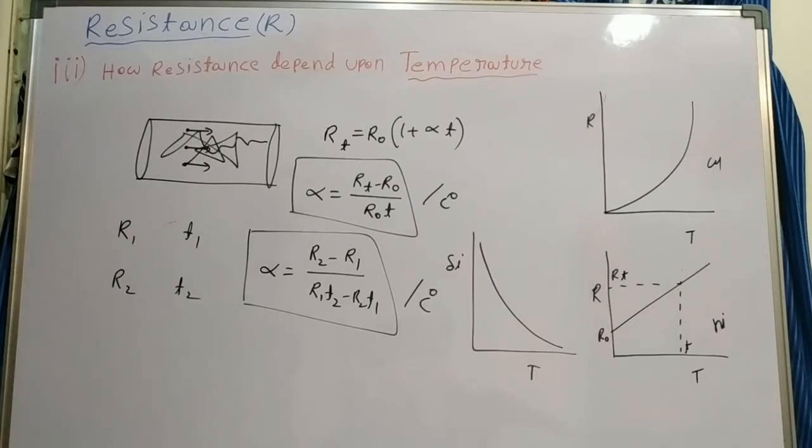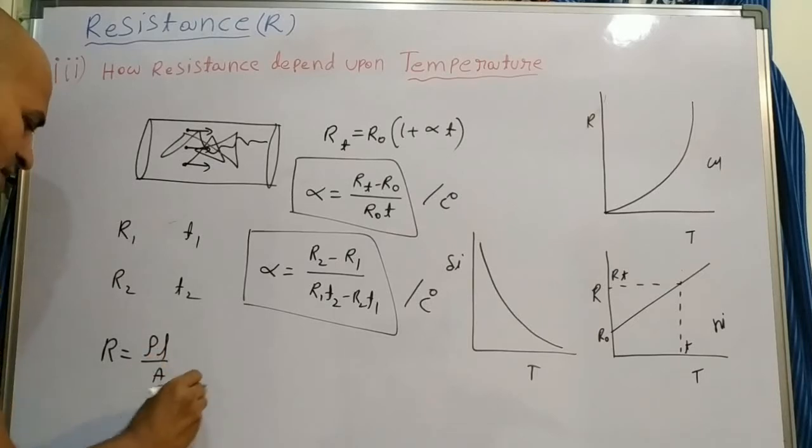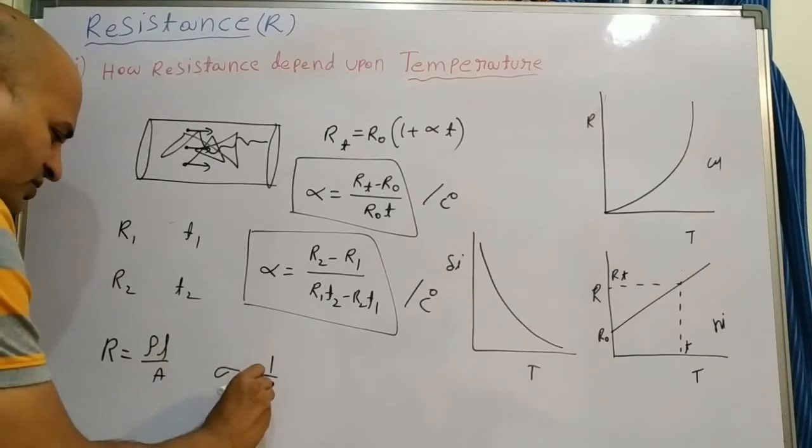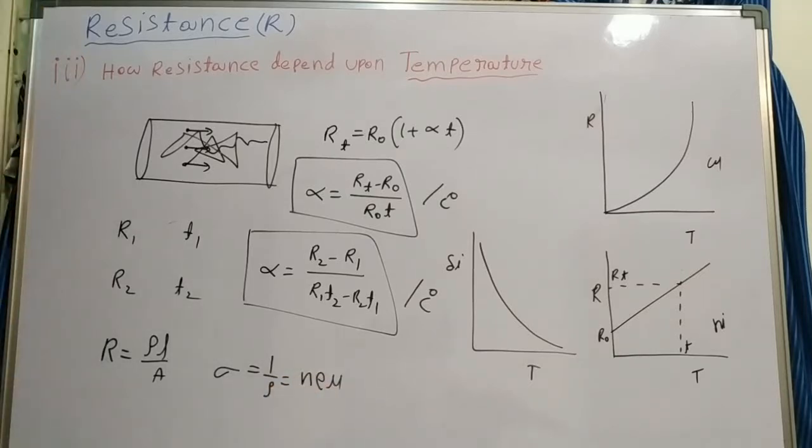If you have more number of electrons, what happens? Resistance R is equal to rho L by A, and sigma is equal to 1 by rho, which is equal to N e mu. When the number of free electrons is more, resistivity is less, so resistance is also less. In case of semiconductors, on increasing temperature, resistance decreases.